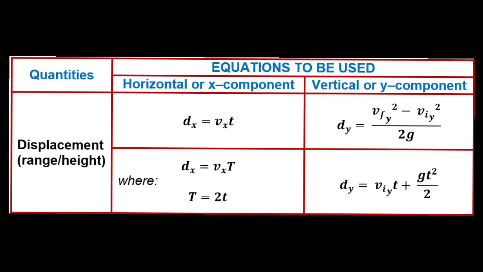Another is dy is equal to Viy times t plus gt squared over 2. Viy can be equal to 0 if the object starts from rest, that is, it's moving from the maximum height down to the lowest position.